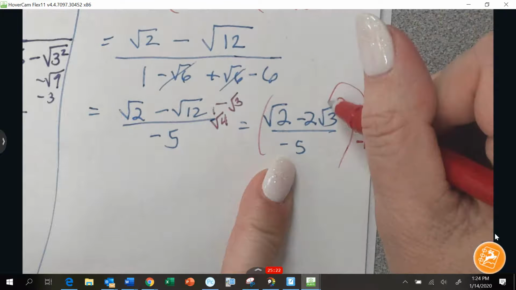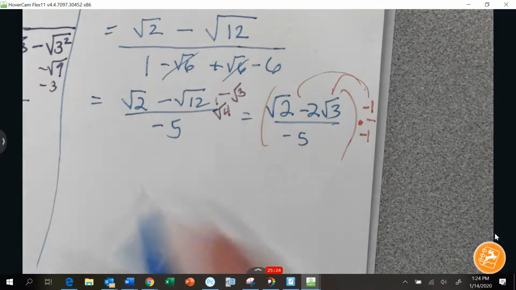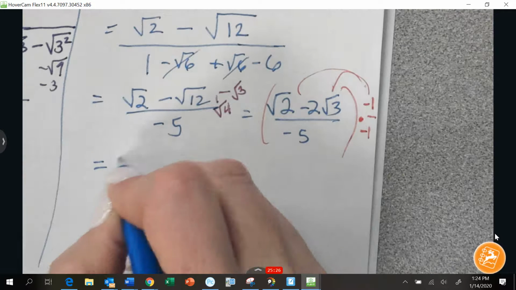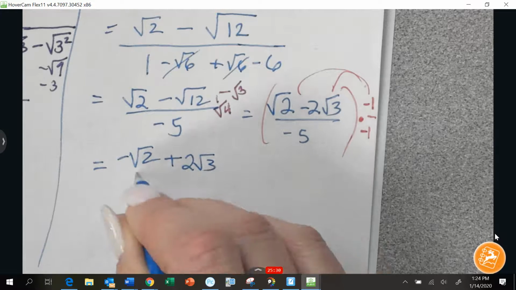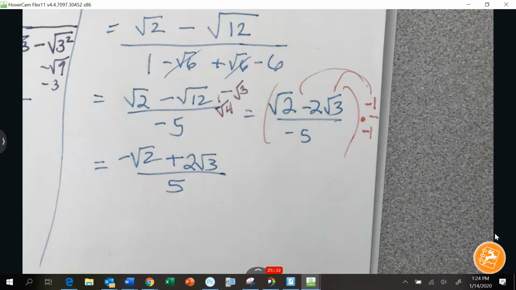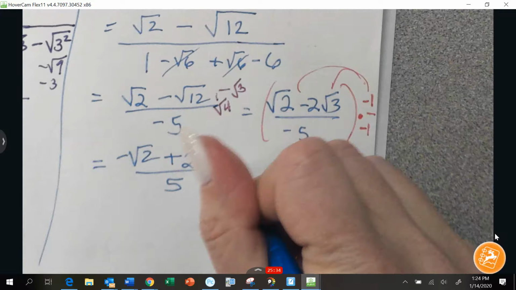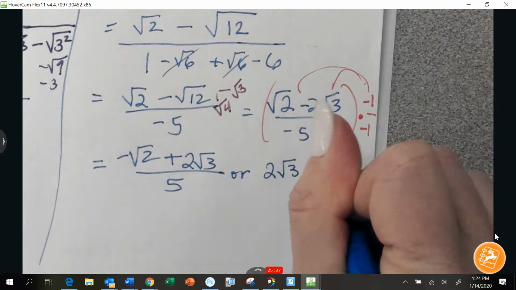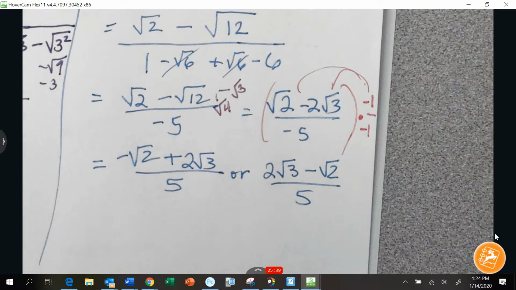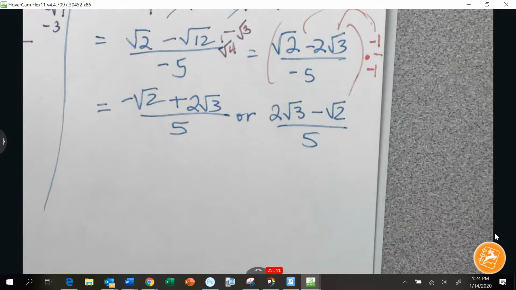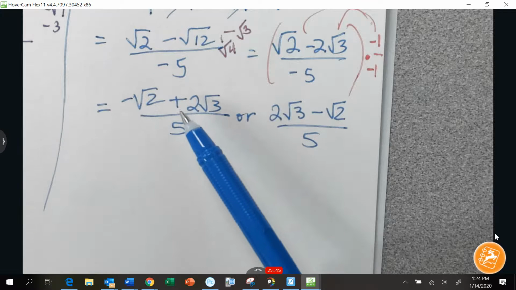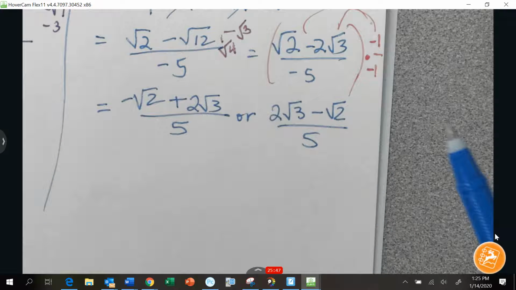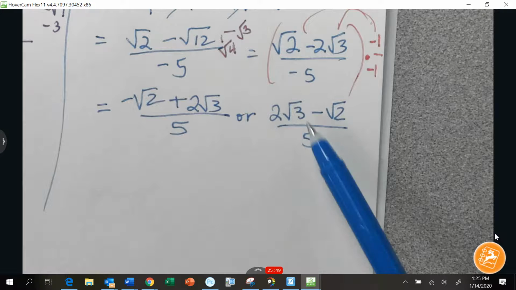So we're going to distribute that -1 on top. We'll get negative radical 2 plus 2 radical 3 over positive 5. I did something that's not necessary, but it was bothering me to have this negative square root and have that positive there, so I just reordered. It's not necessary. I just felt like I needed to reorder it.